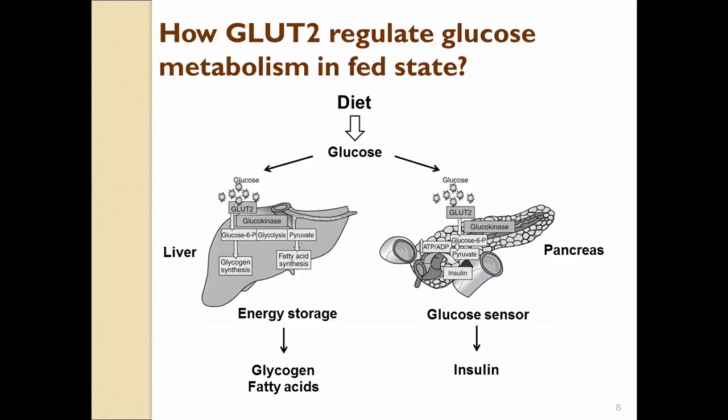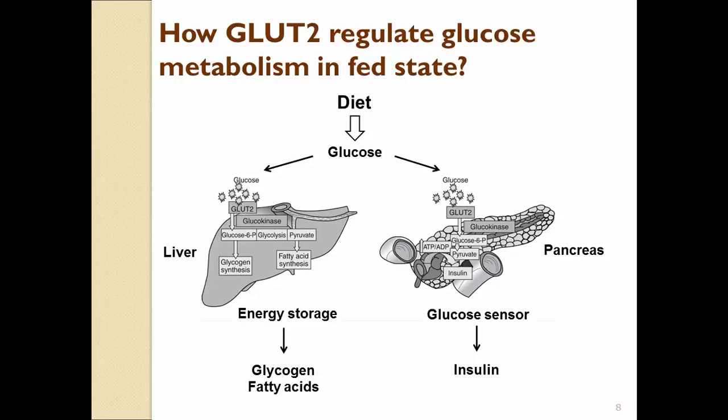So basically, in the fed condition, GLUT2 is responsible for sensing glucose levels, and it is distributed in two major tissues, liver and beta cells, which have different functions, right?